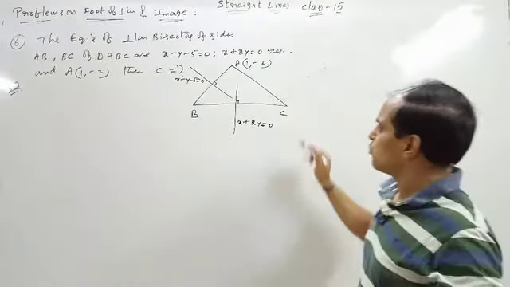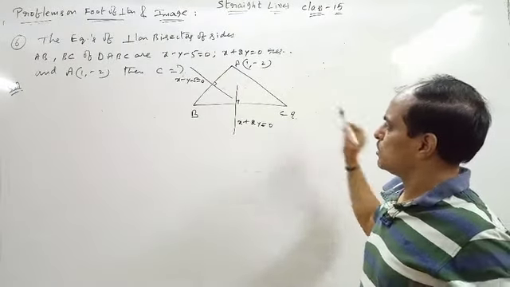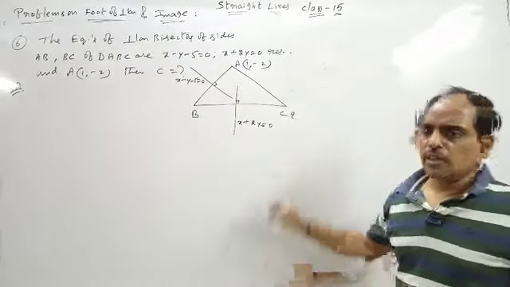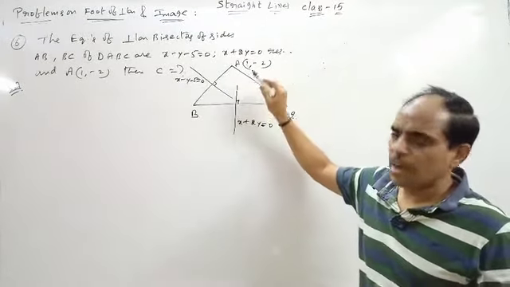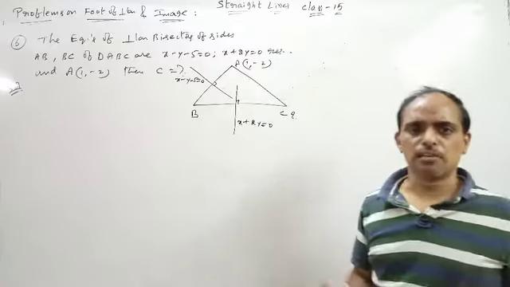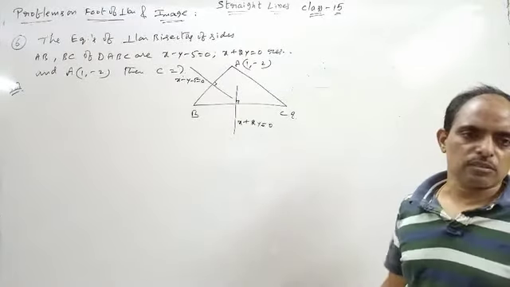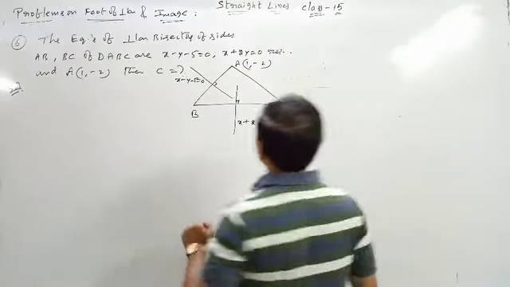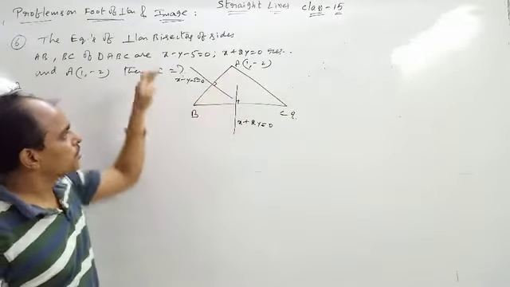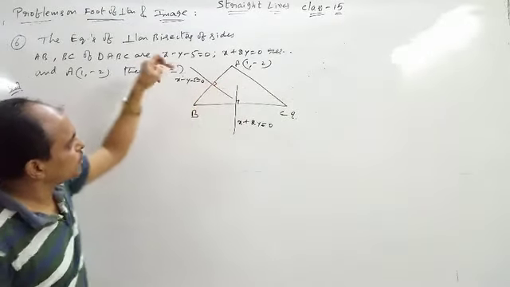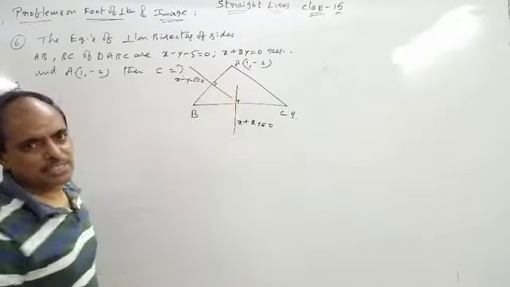What we have to find? C. In a triangle, one vertex is given and two perpendicular bisectors are given. We have to find the coordinates of C. How to find? You see, simple question. This is A, B and C. This is a perpendicular bisector.